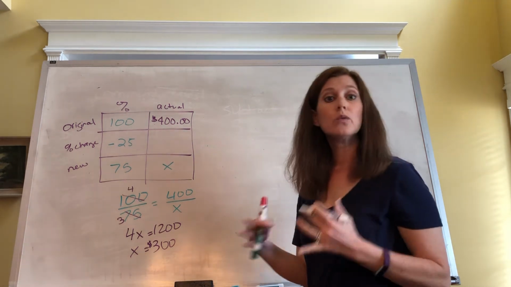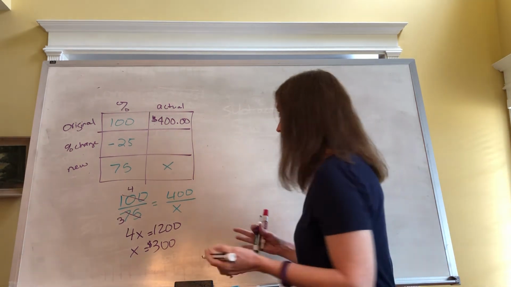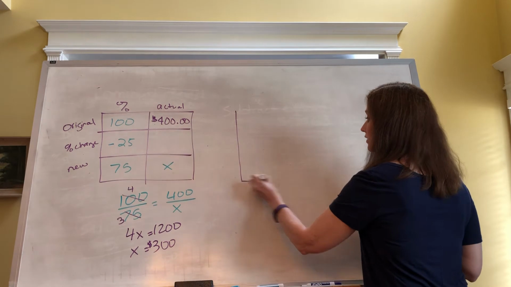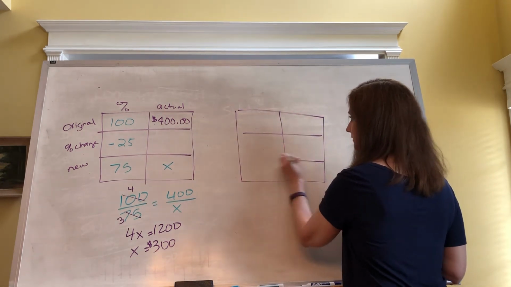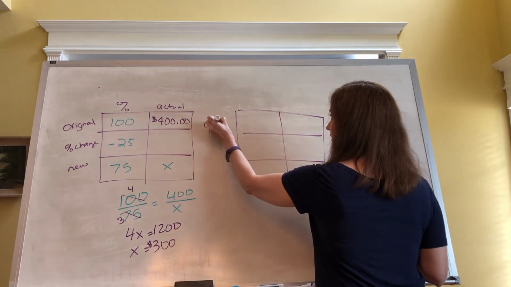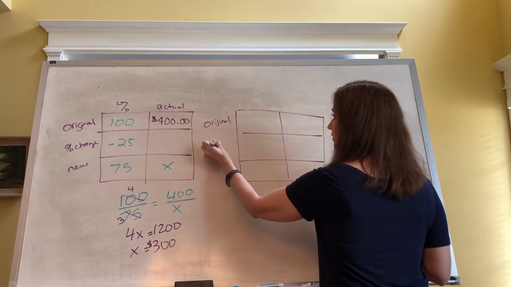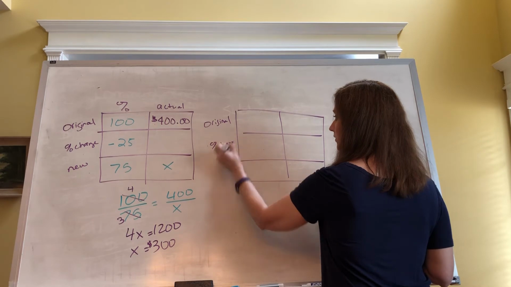Okay, now we're going to take an additional 20% off. And so we come over here and make a new box. And so same thing, original, percent change, and new.